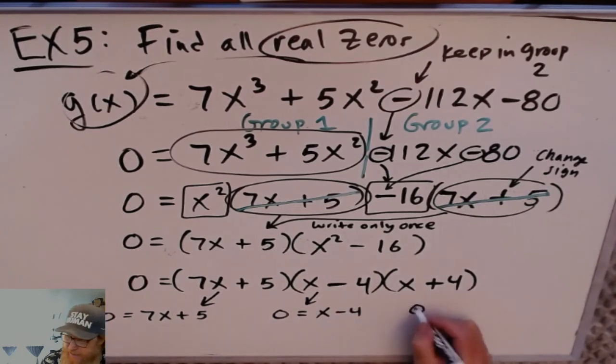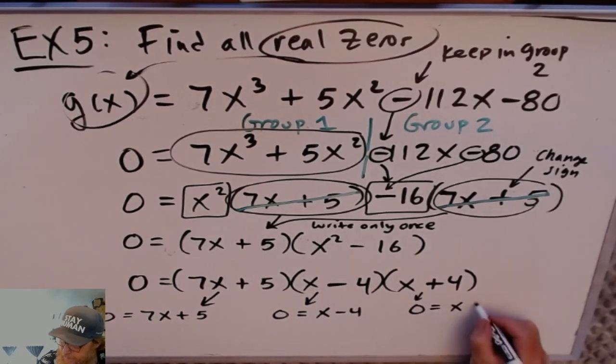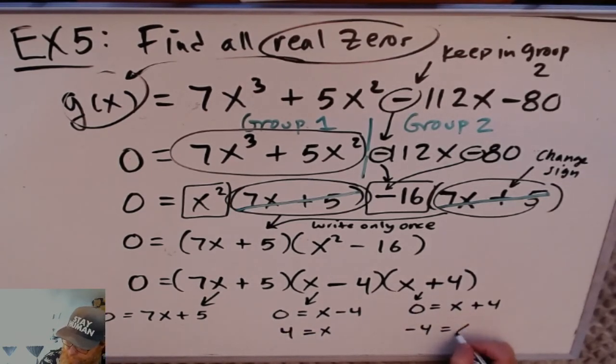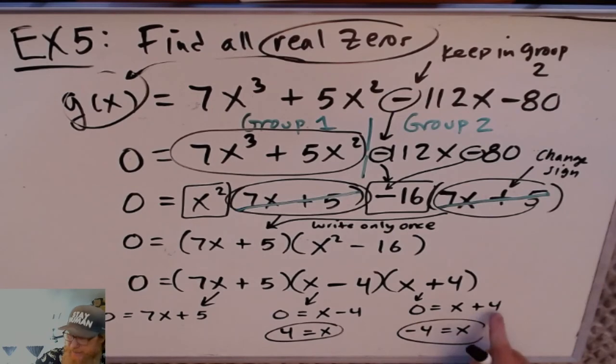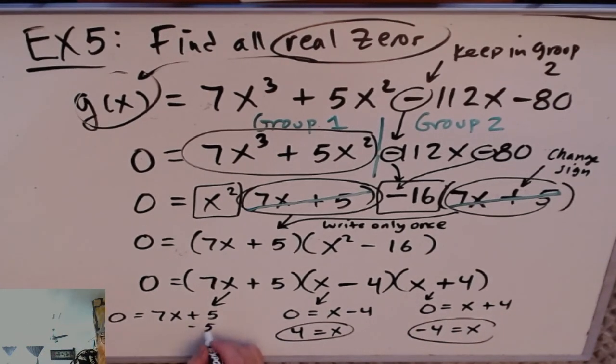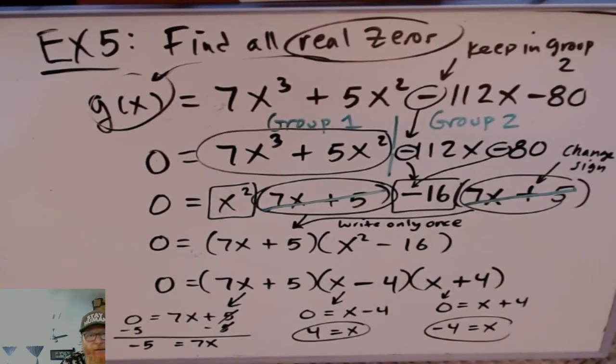I'm doing it left-handed here. These are easy. I'm not even showing the math on that one. Maybe I'll show the math on this one because this one's a little trickier. You're going to subtract 5, and then you're going to divide by 7.